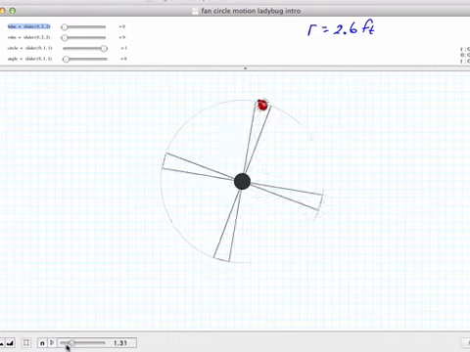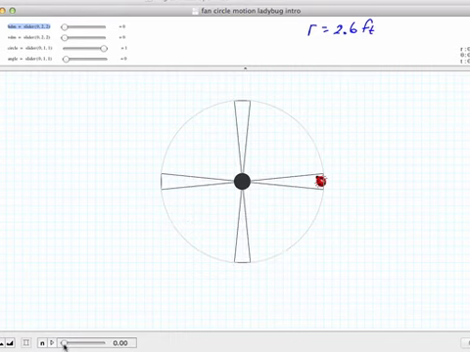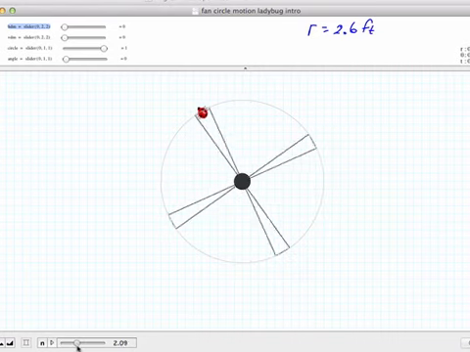So if we understand radians, that should be a pretty easy question. So here the bug goes 5.2 feet along the arc. And we're asking, how many radians did the fan turn?